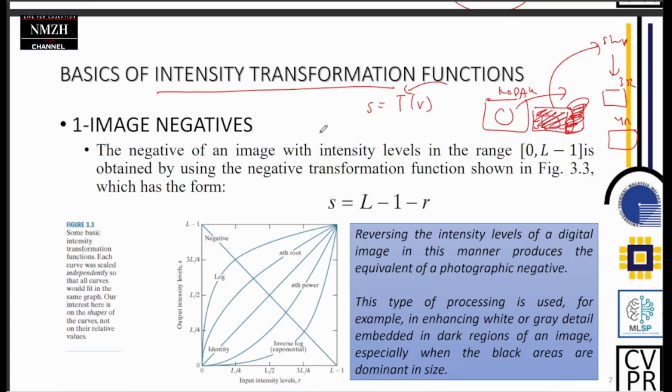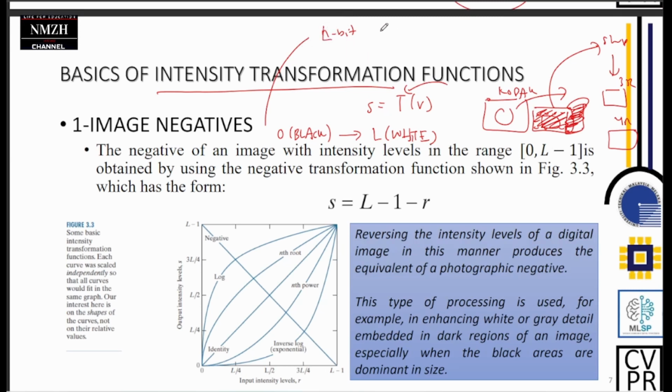So we can see that 0 is black intensity, guys, up to the largest, I mean L, which is white. Okay. No matter what L is, it depends on the N bit. Let's say this is L and L bit.